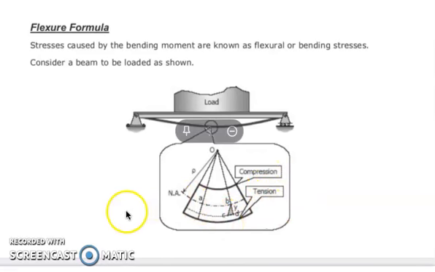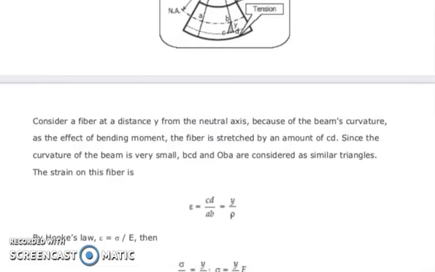This is how stresses caused by the bending moment are illustrated, and the stresses caused by the bending moment are what we call flexural or bending stresses.